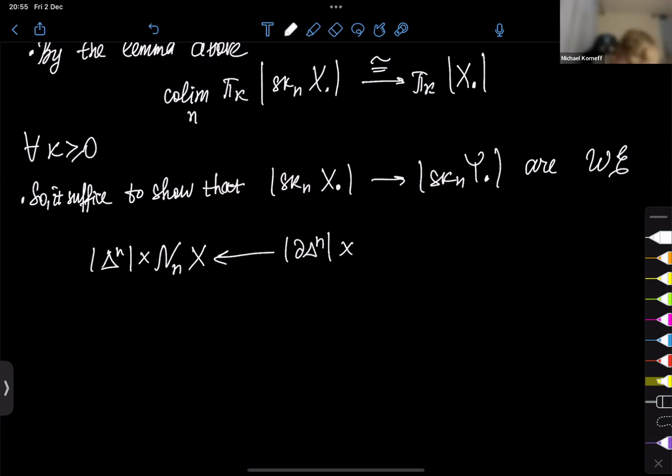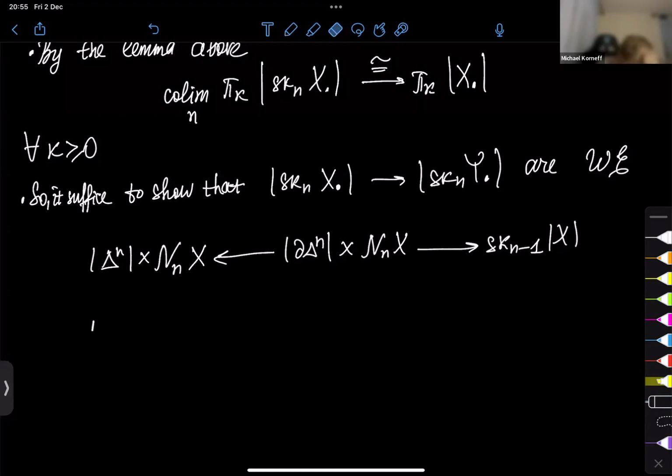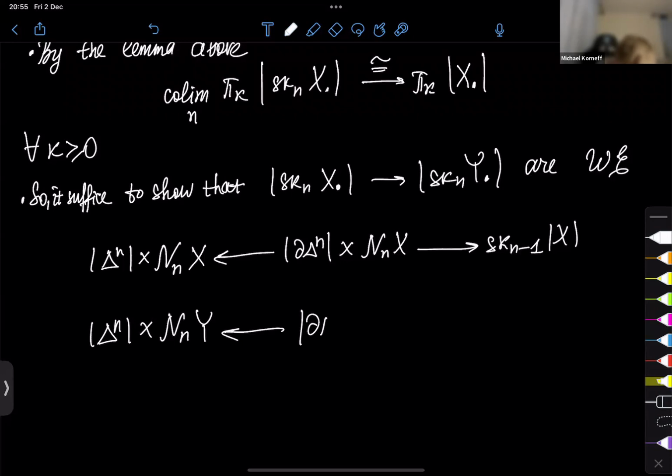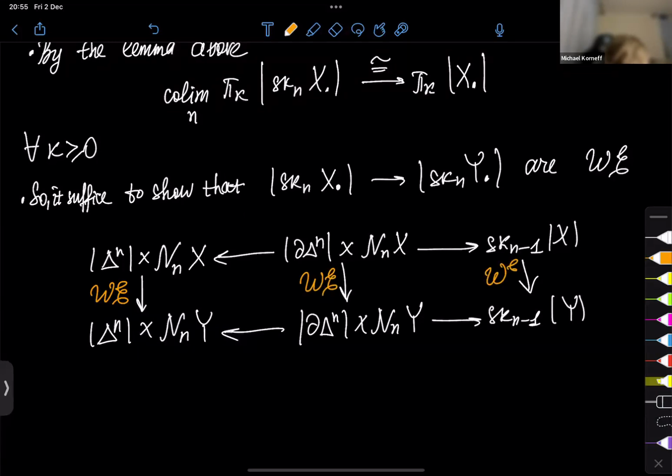We have a push-out to construct the nth skeleton of X. We should consider the following push-out, and also we can consider another push-out for Y. And the map from X to Y, of course, induces a map between diagrams, and we know that these vertical maps are weak equivalences.